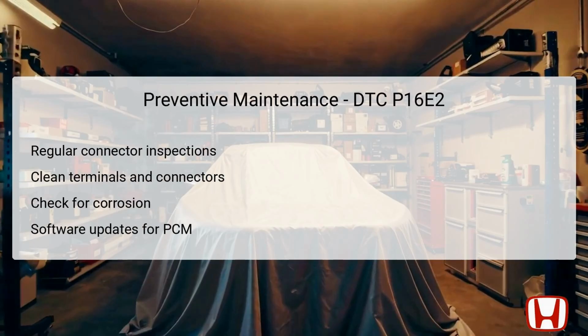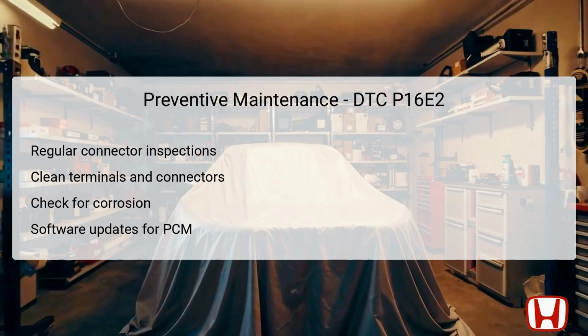For ongoing preventive maintenance related to DTC P16E2, it is vital to regularly inspect all connectors associated with the PGM-FI and ACG systems. Ensure that all electrical connections are secure and devoid of corrosion, which can lead to communication failures. Cleaning terminals and connectors periodically will help ensure optimal connectivity and reduce the risk of DTCs.